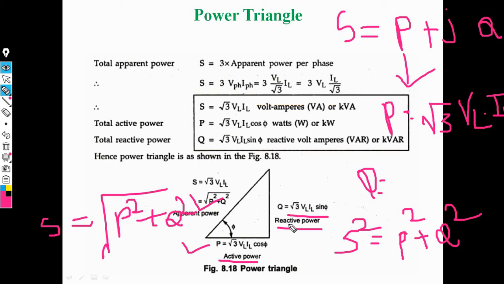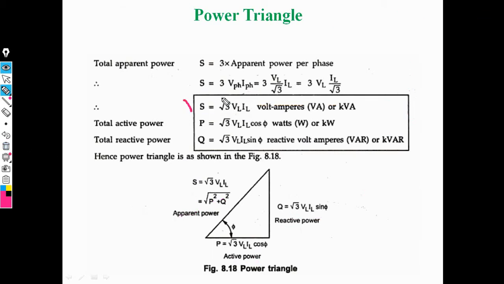The apparent power is measured in volt ampere and kilovolt ampere. Active power is measured in watt or kilowatt. Reactive power is measured in VAR, that is volt ampere reactive, or kilovolt ampere reactive. This is the power triangle.